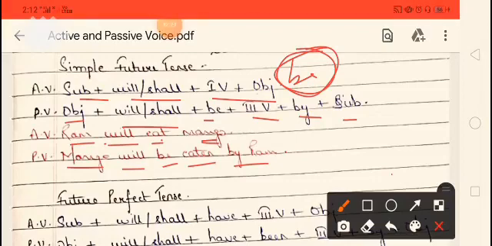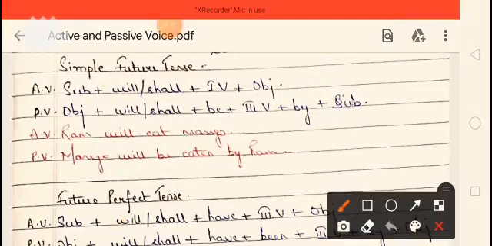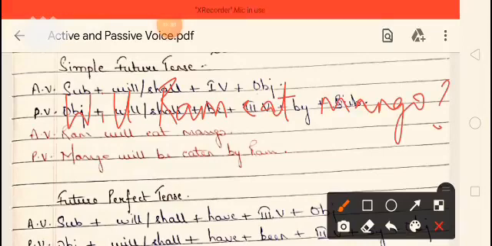Suppose I give you the interrogative sentence: Will Ram eat mango? This is your interrogative case. So what will be the answer? Will, the helping verb, remains as it is, will. Then your object, mango.